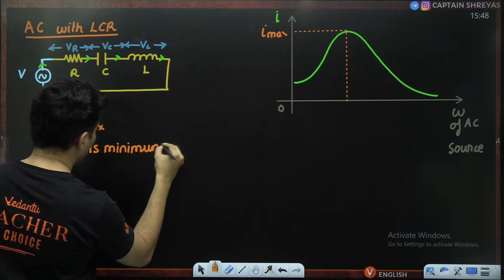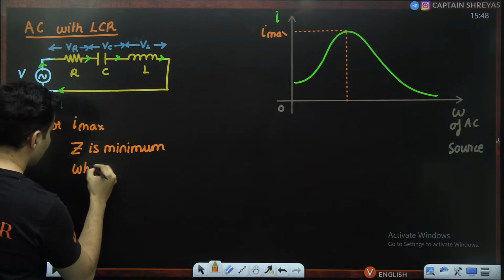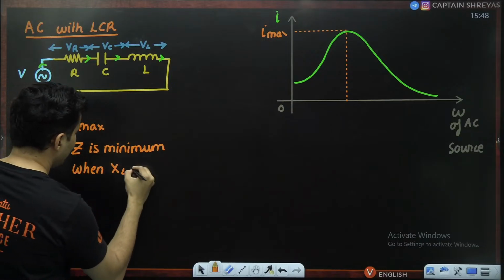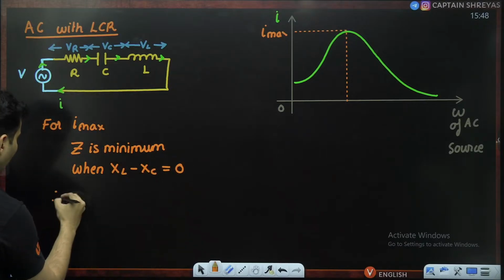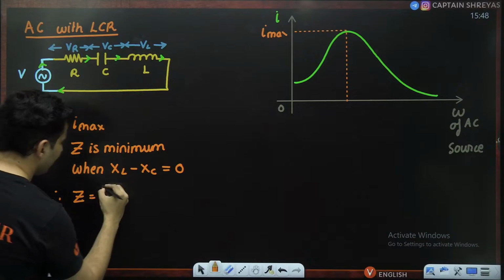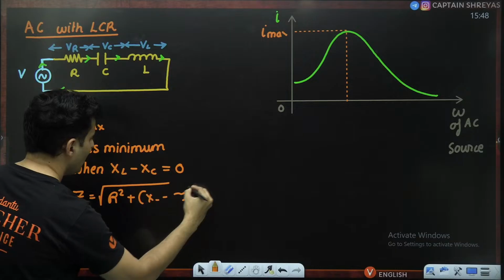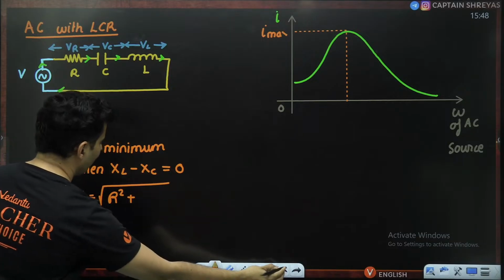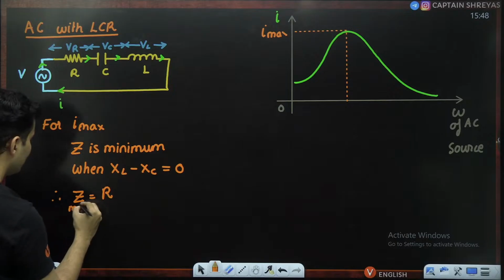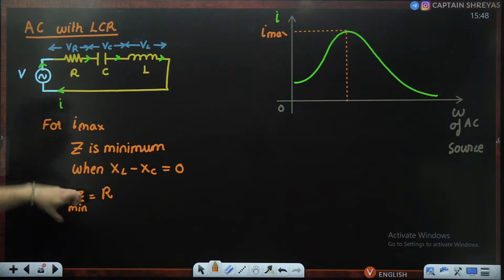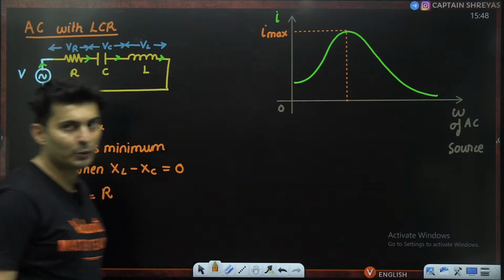Z is minimum when XL minus XC is equal to 0. So therefore, your Z, which was typically root of R square plus XL minus XC whole square, that whole term will go and you will be just left with R. So that is the least value of Z. That's when the current is also going to be maximum.